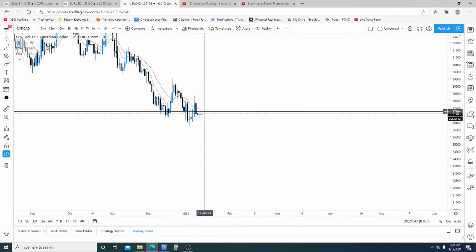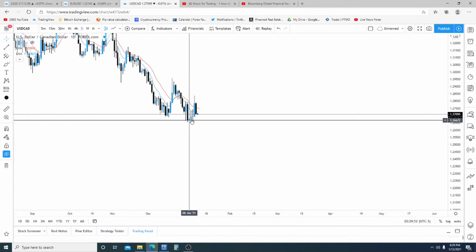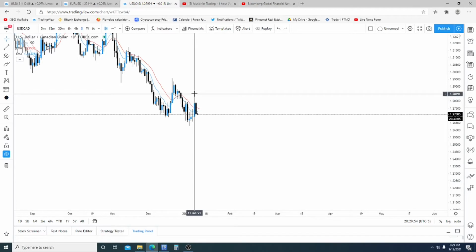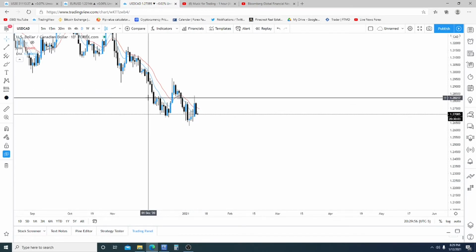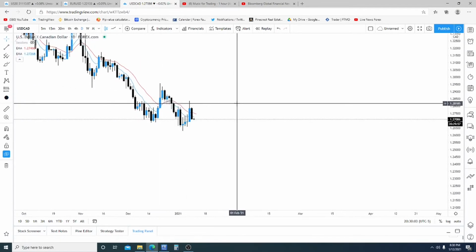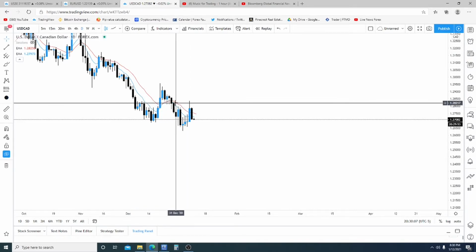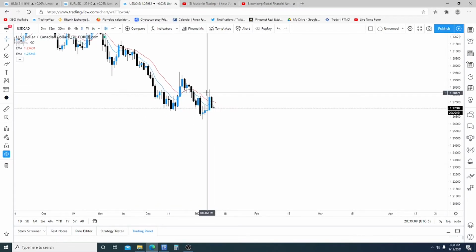After creating a lower low, price was consolidating, gave us a little pullback, and retested this level of resistance, because we're on daily. You can count 1, 2, 3, 4, 5, 6, 7 rejections.